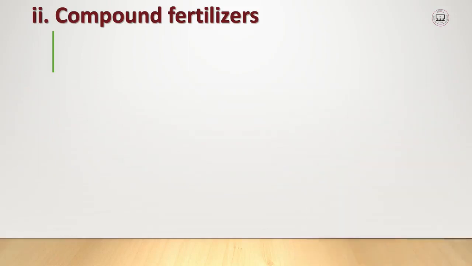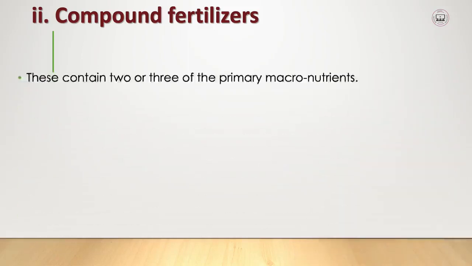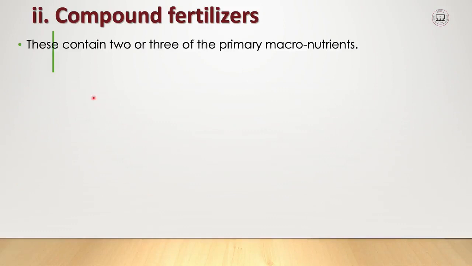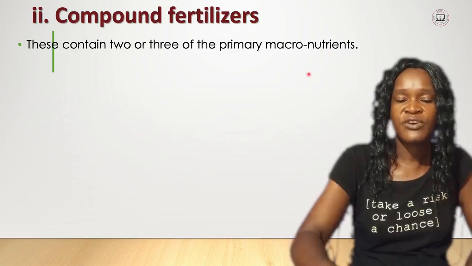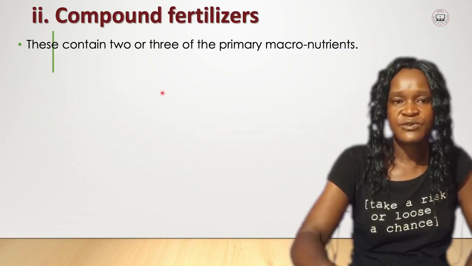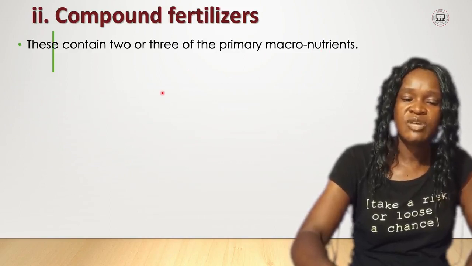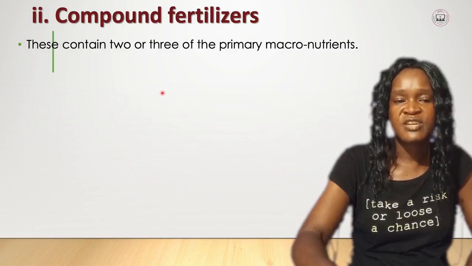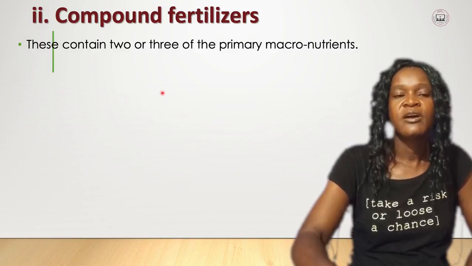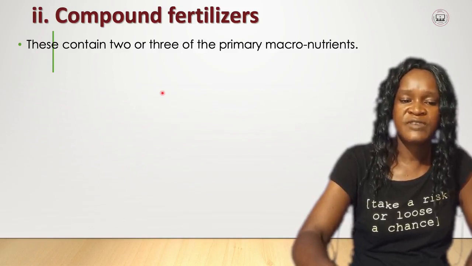While on the other hand, compound fertilizers are fertilizers which contain 2 or 3 of the primary macronutrients. If in that type of fertilizer there is nitrogen and phosphorus, it is regarded as a compound fertilizer. Or if there is nitrogen, phosphorus, and potassium, it is regarded as a compound fertilizer.